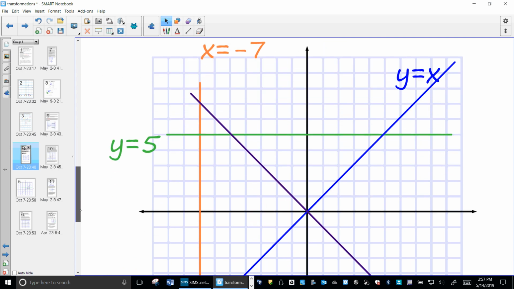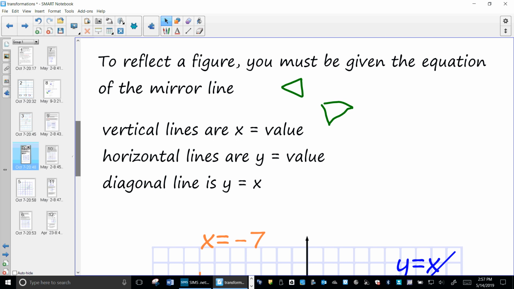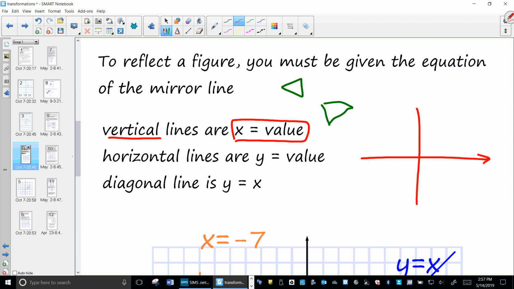Well, the line x equals 4, because it is an x equals, it is a vertical line. So if you had your set of axes, here's your x, here's your y, they gave you this shape here, they want you to reflect it in the line x equals 4.